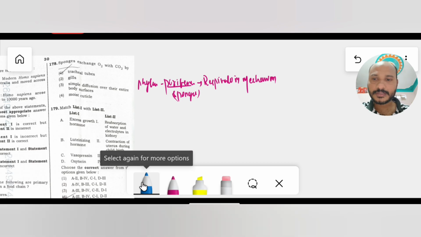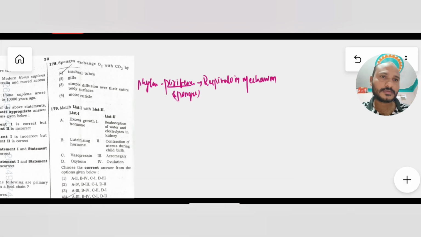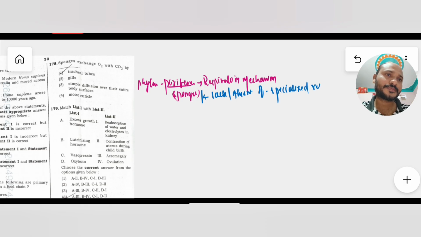Porifera organisms or sponges lack, or have an absence of, specialized respiratory organs.